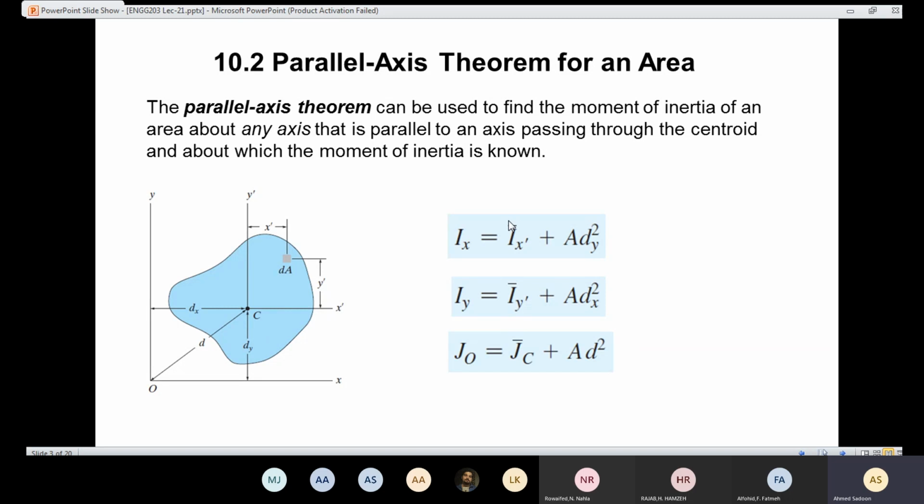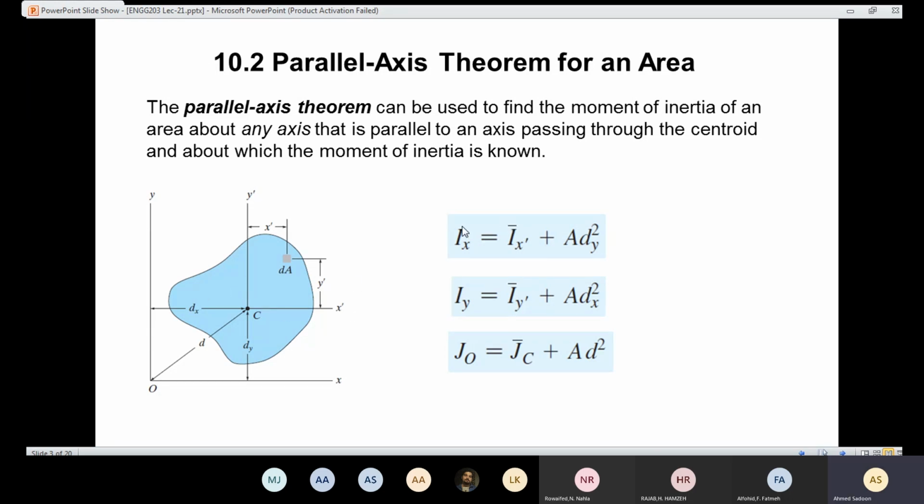I'm going to call it Ix bar, which means the moment of inertia about the axis x that passes through the centroid.